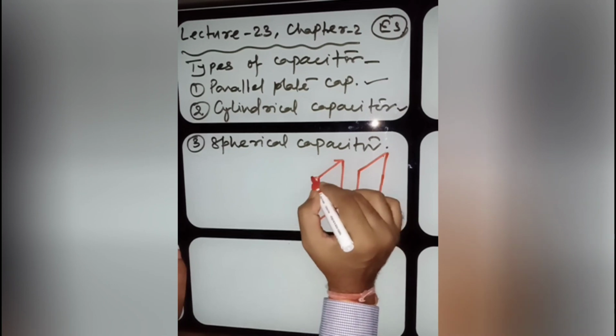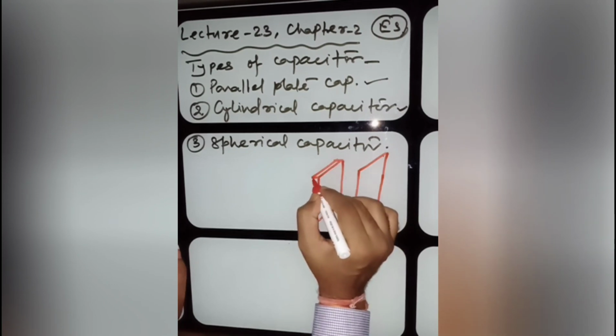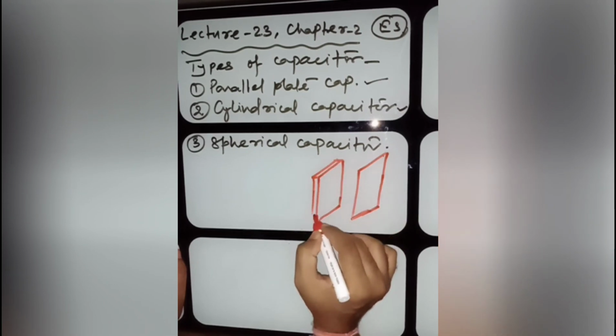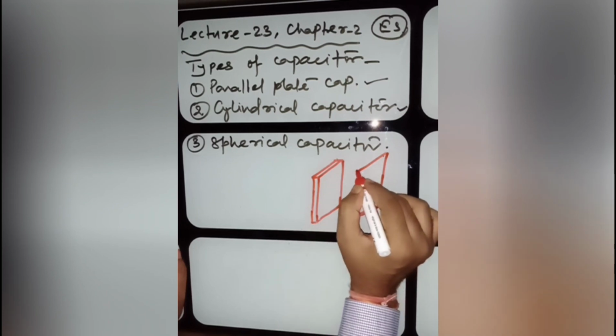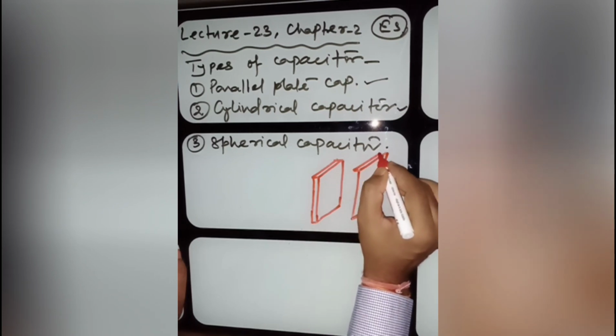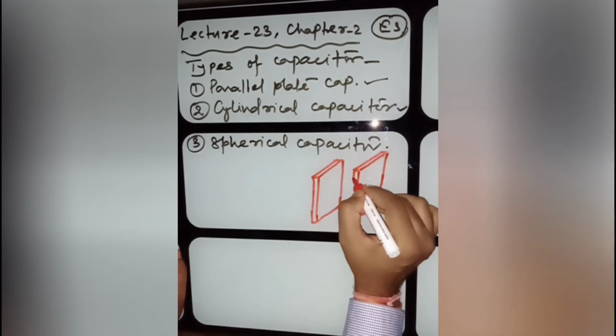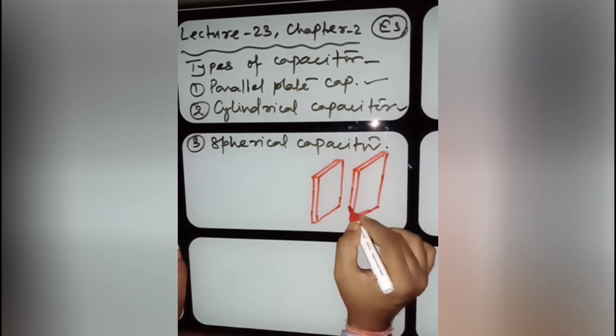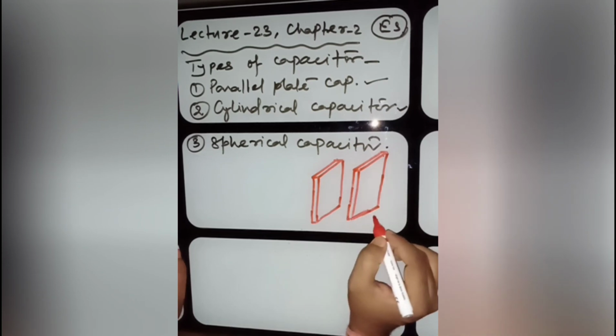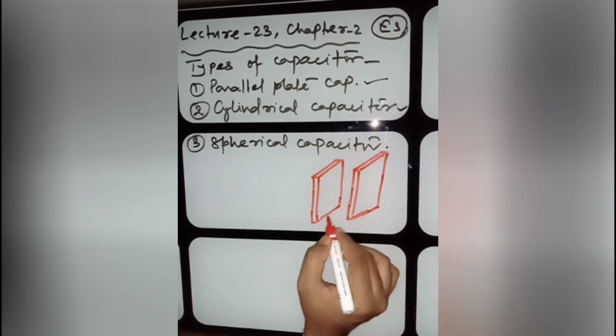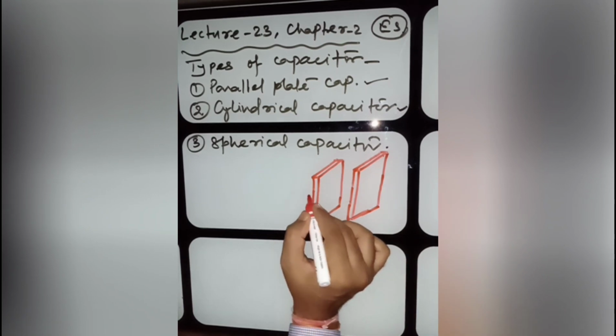But let me try another very simple thing. This is almost three-dimensional but not perfect. Now you have to focus on a certain thing. This is the parallel plate capacitor.